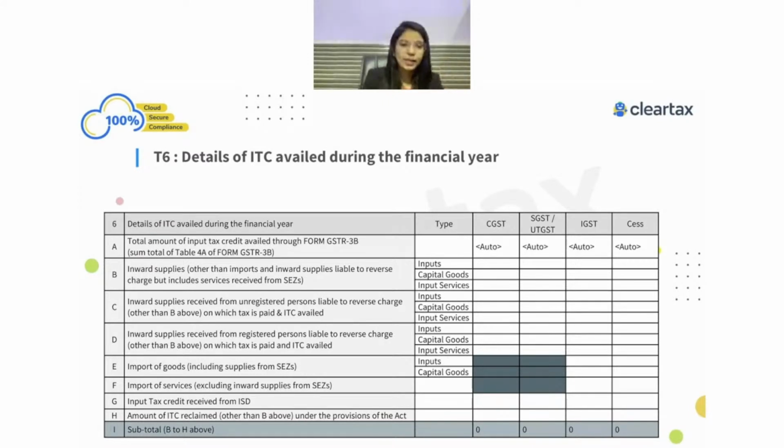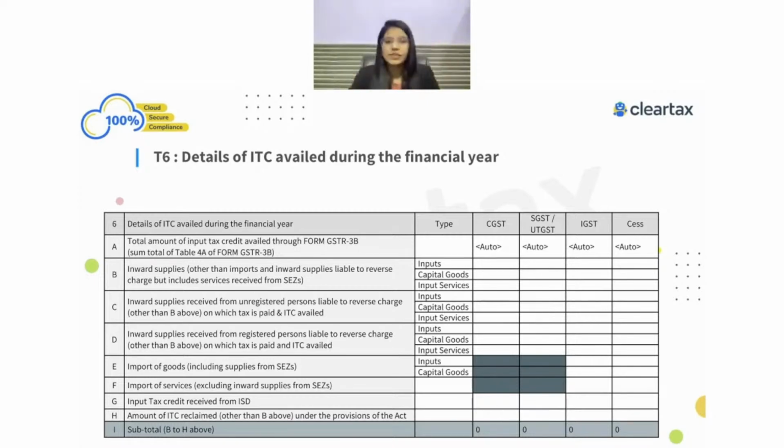All that breakup has to be shown, and if there is some ITC which we have reclaimed, that has to be shown under 6H. So this is nothing but a breakup.